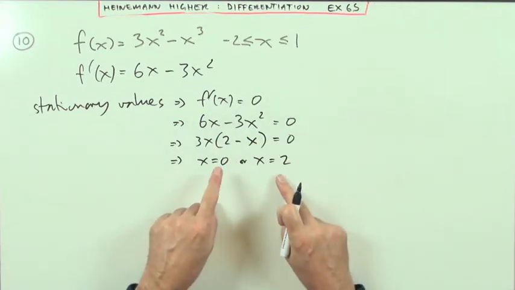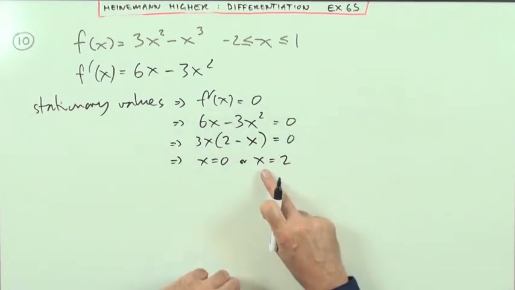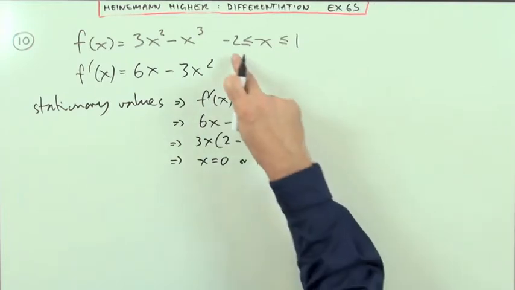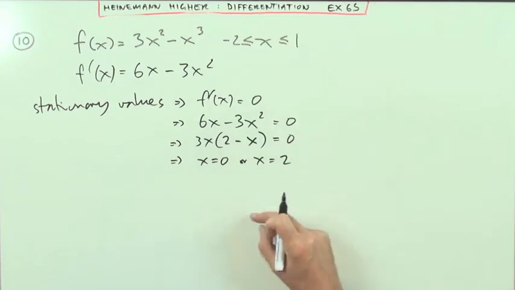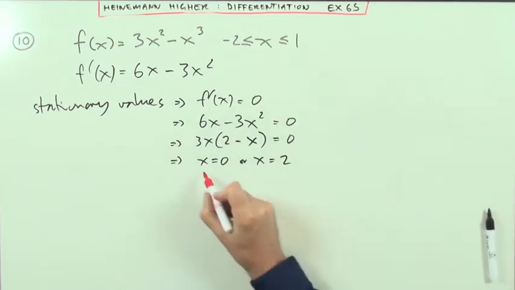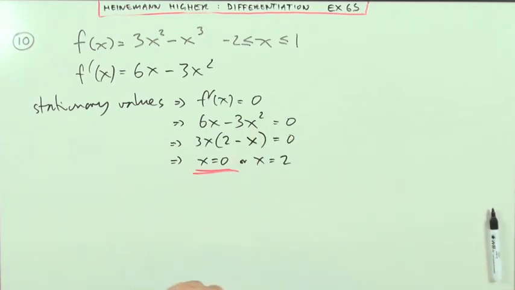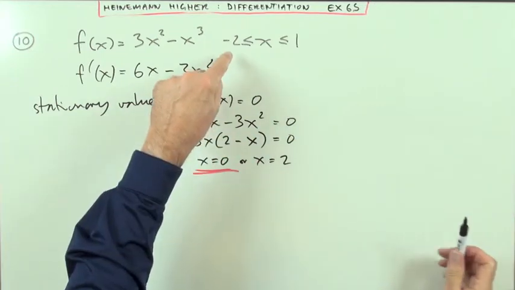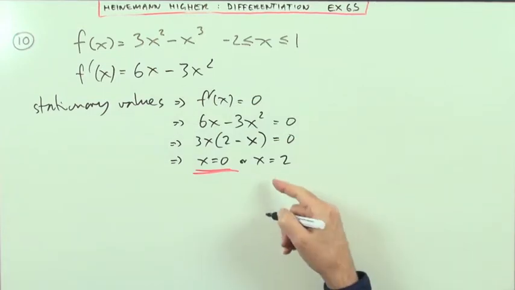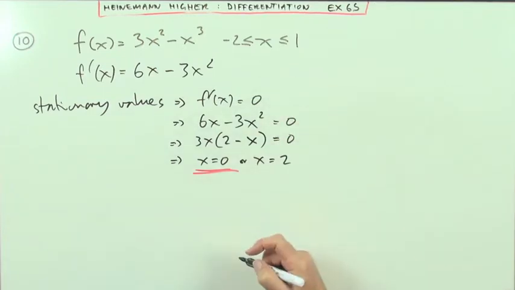So the only contender is x equals 0. X equals 2 could give a massive answer, but I wouldn't care because I only want to know between -2 and 1. So there's only 3 values of x that need consideration: -2, 0 and 1. Not x equals 2 because that's greater than 1.